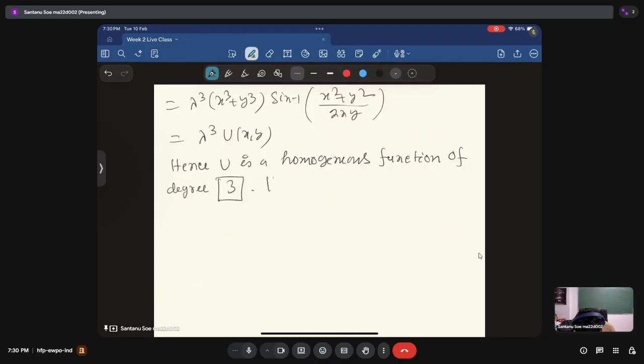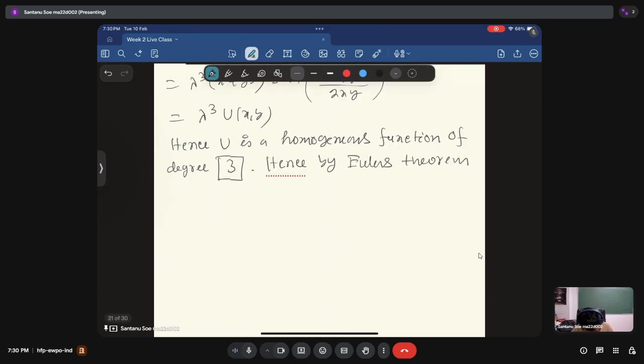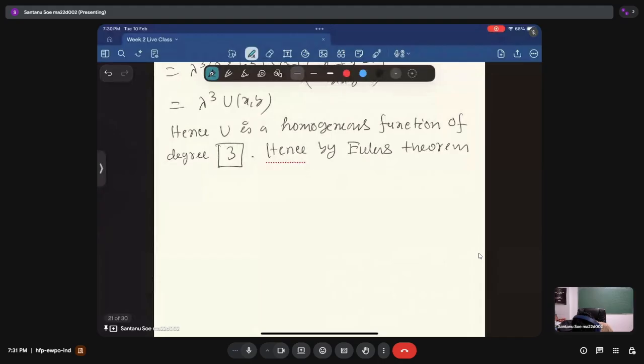Okay, hence by Euler's theorem, we have x square u_xx plus 2xy u_xy plus y square u_yy equals 3 into 3 minus 1 times u. So this will be 6u. Okay, so this should be the answer.